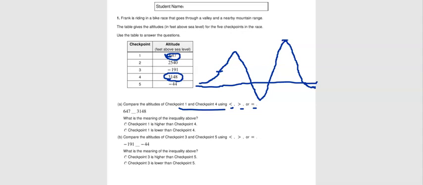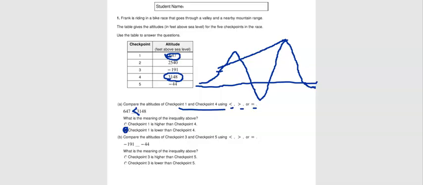Even though you go up, then back down, then up, in comparison to these two it's definitely much higher. 3,148 is greater than 647. Moving on, it says, what is the meaning of the inequality above? Checkpoint 1 is higher than checkpoint 4? Well, that's not true. Or checkpoint 1 is lower than checkpoint 4. That would obviously be the one that you're going to color in.